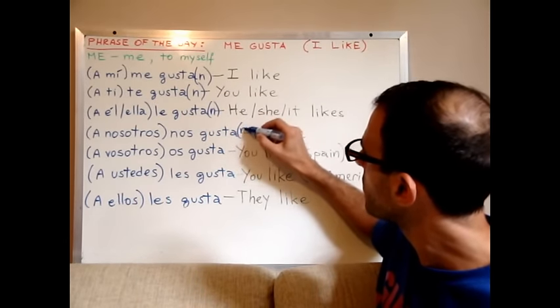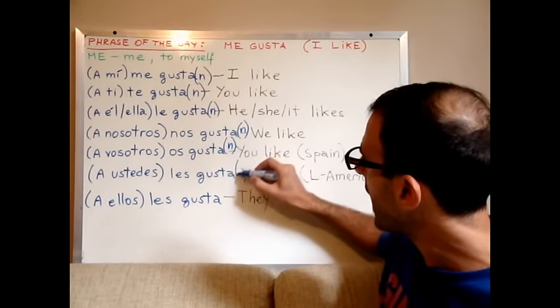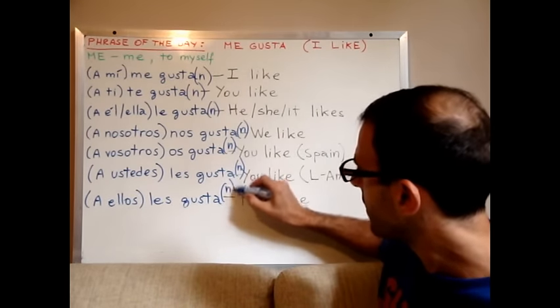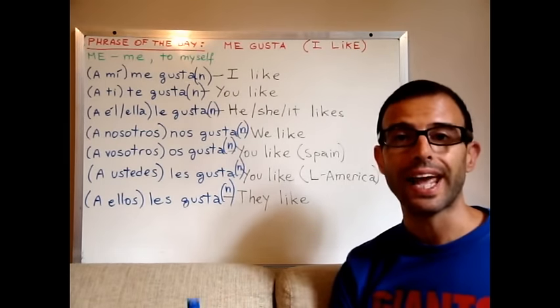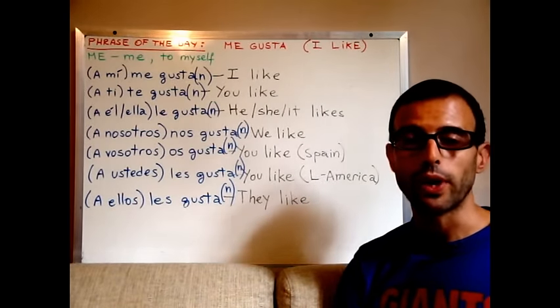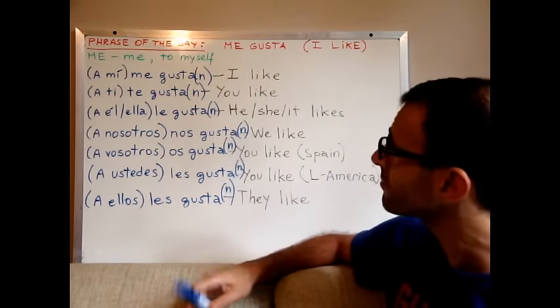All Spanish verbs in plural add an N at the end, okay? Same as the Spanish nouns add an S for the plural, the Spanish verbs, when in the plural, add an N, like here, okay?